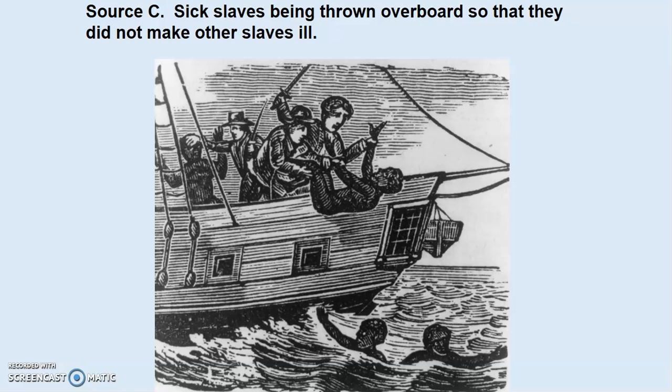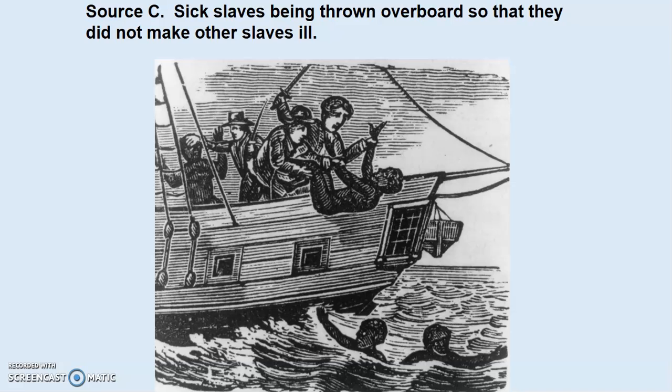In source C, we can think about what this tells us about how the owners of the ships thought of their captured people who were enslaved on those ships. We see 6 slaves being thrown overboard, where they would definitely die, either by drowning or being eaten by a shark.